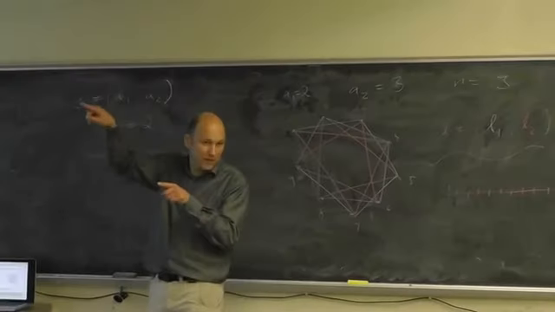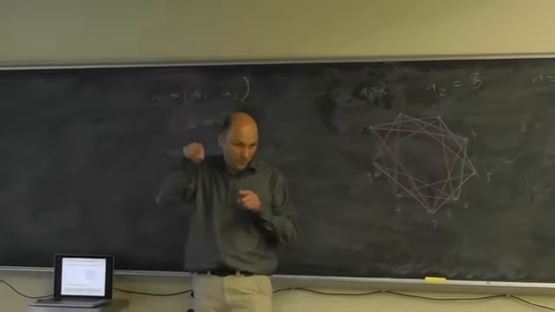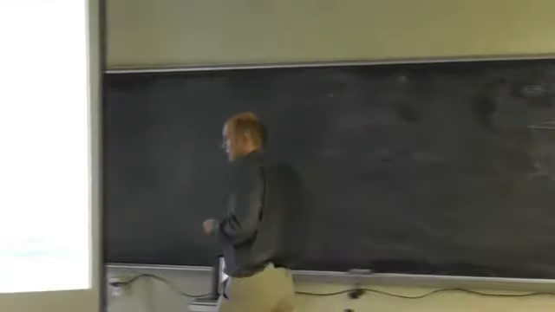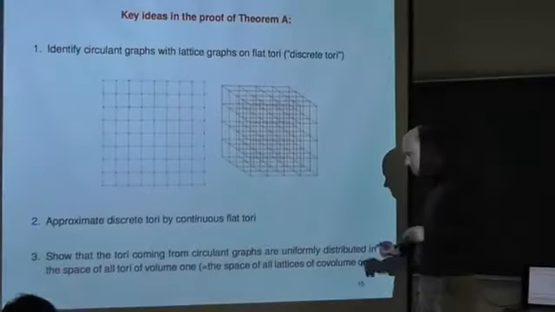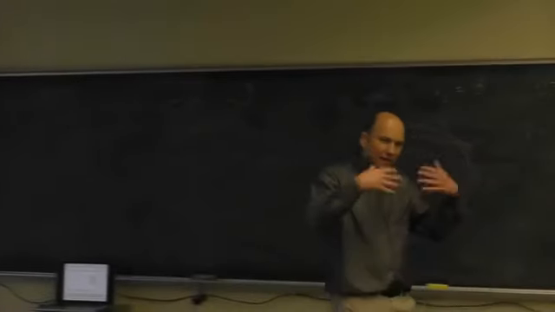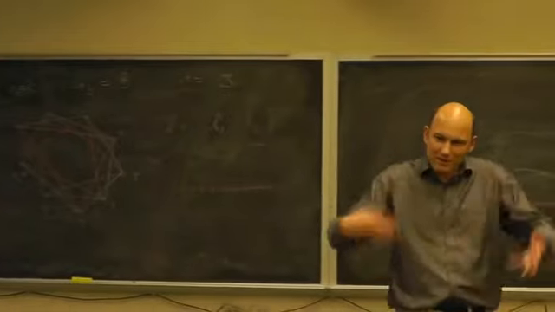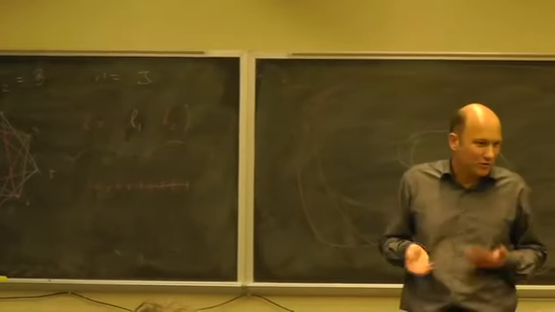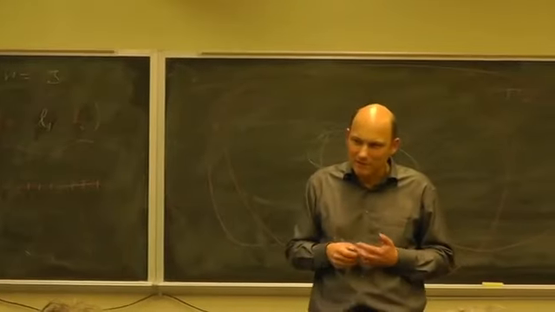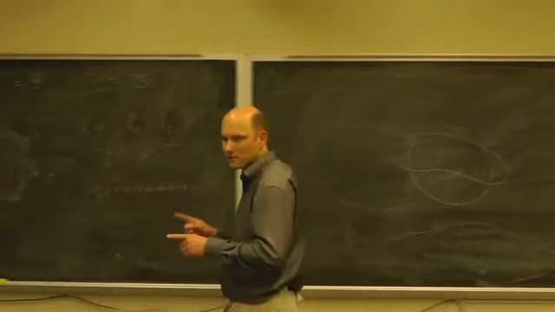Because here we only can go up and left, so also in the continuum limit we keep that. And then finally, what we need to show to prove our limit theorem is that the tori that we get from the circular graphs become uniformly distributed in the space of all tori, which is the same as the space of all lattices. That's the strategy.